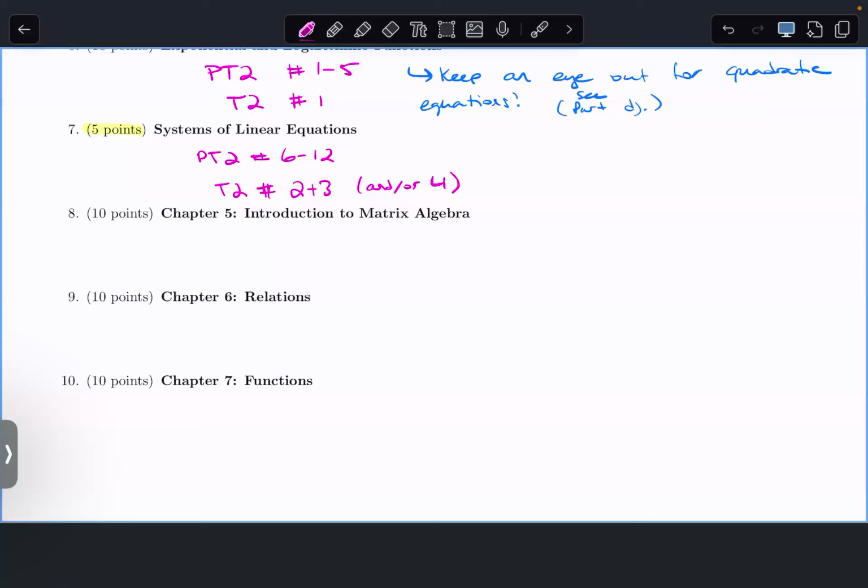Then we did matrix algebra, right? Knowing when we can add or subtract and scalar multiply and multiply matrices, right? Those rules, finding the inverse of a matrix, right? All those cool things that we did. Practice test 2, it was number 13 through 17, and on test 2, it was number 5.